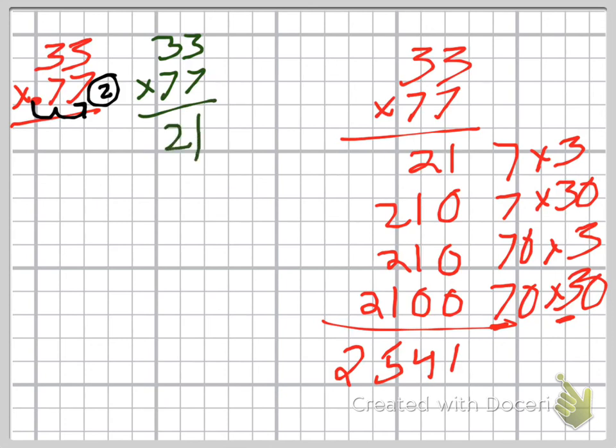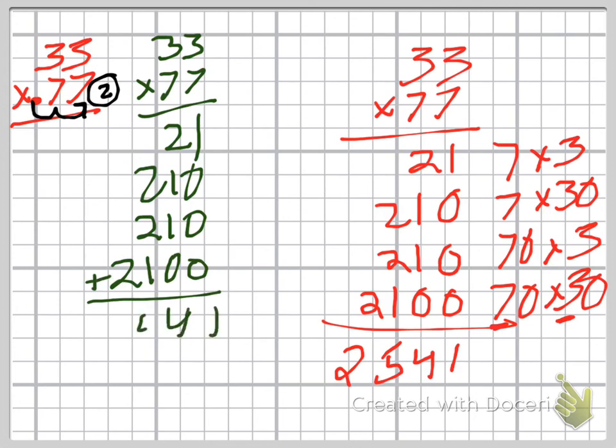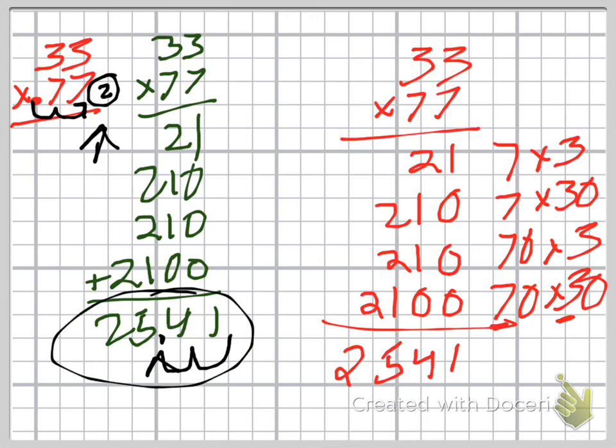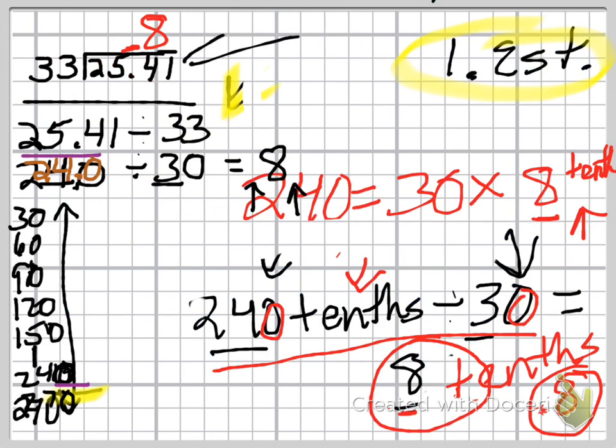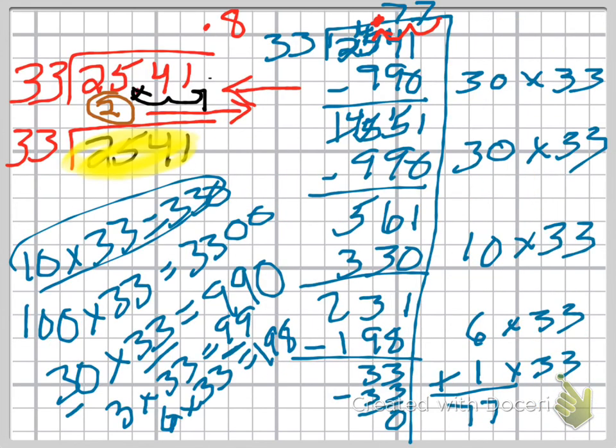That part is all the same. At this point, I need to remember my 2 powers of 10 that I multiplied by. Now I'm going to divide by 2 powers of 10. 1, 2, 25 and 41 hundredths. This answer matches my actual beginning dividend. Either way, I know that I got the answer right. So I win.